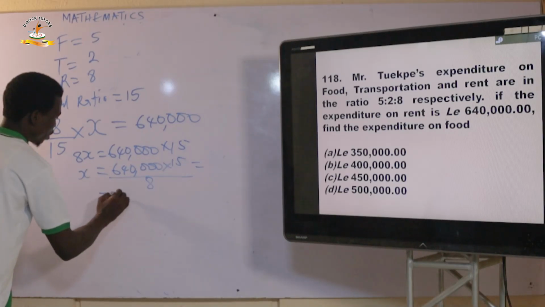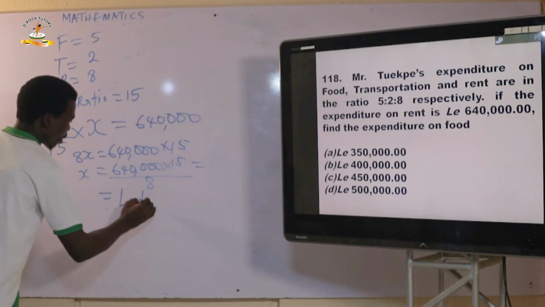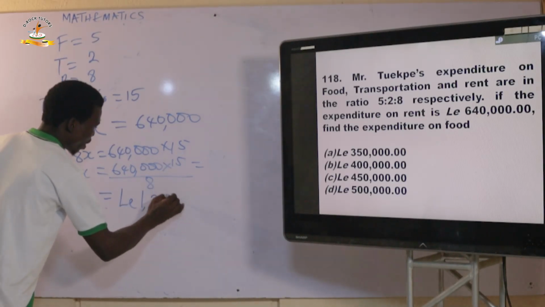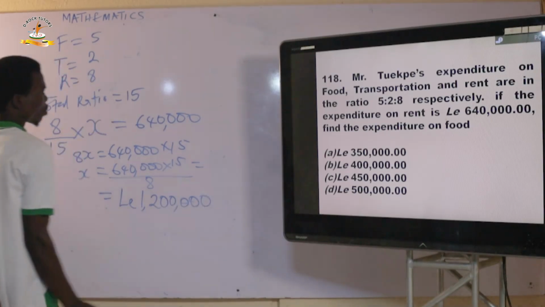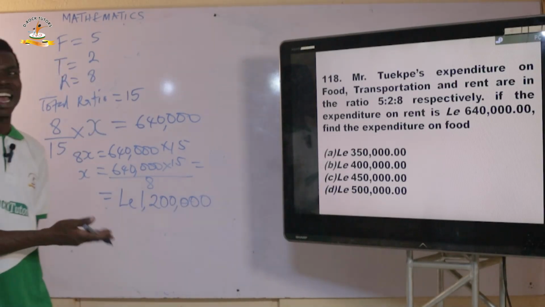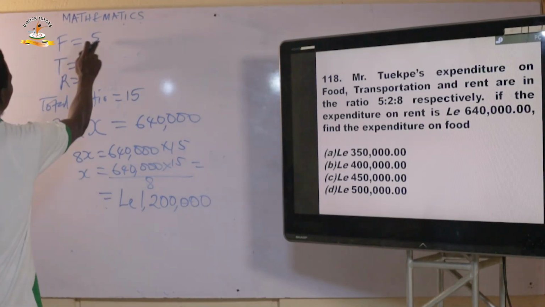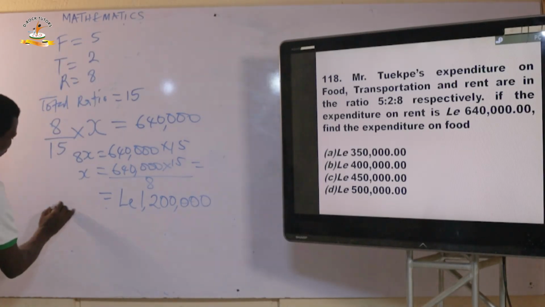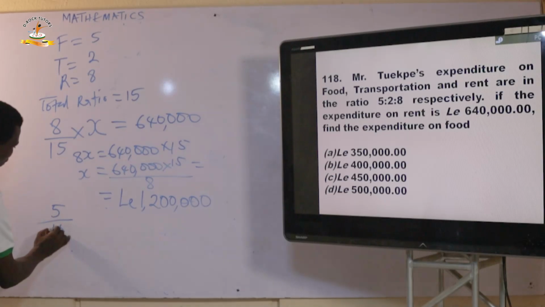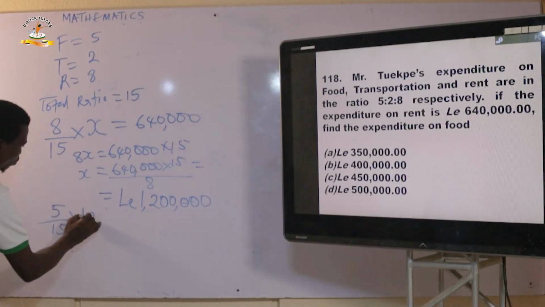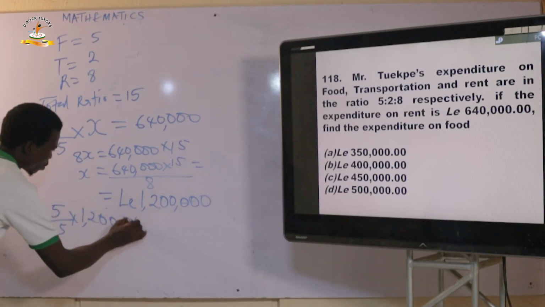So his total money is 1,200,000 leon. This was the actual amount he had at hand. Let's look for his expenditure on food. For food, it is 5, so we take 5 over the total ratio, which is 15, times 1,200,000.